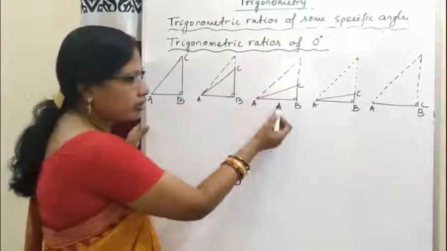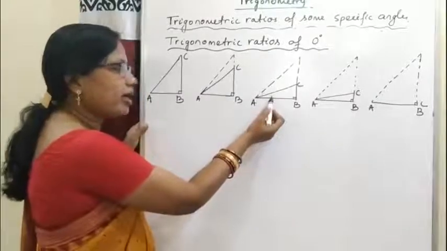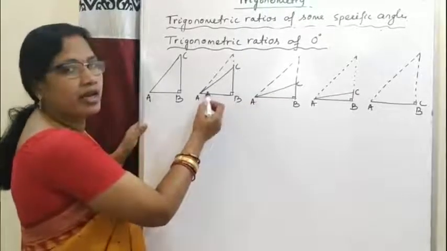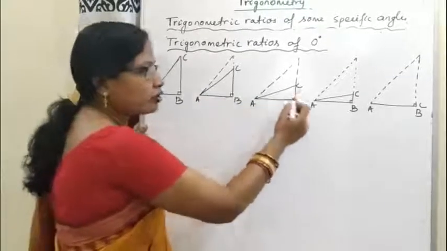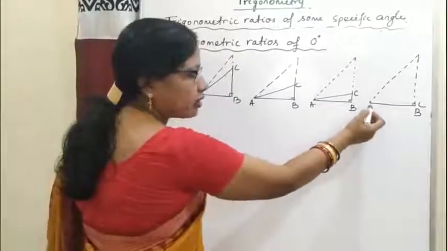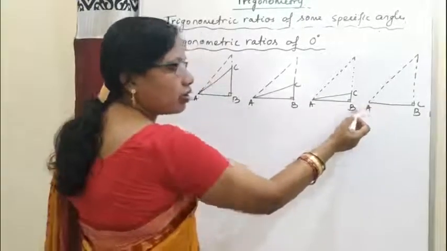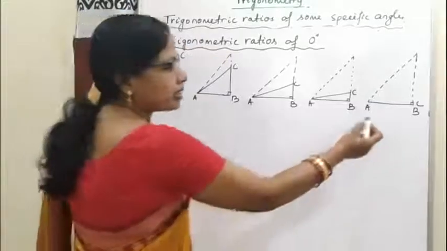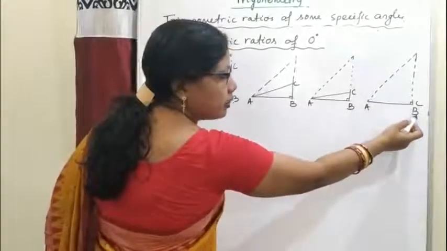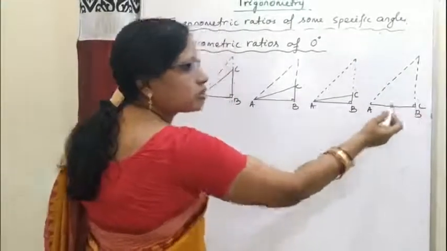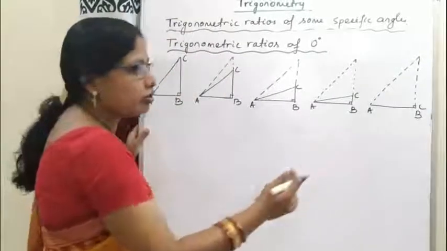In the third figure, the angle A is smaller than that of the second figure, and the process continues. When the angle A becomes 0 or nearly equal to 0, then C coincides with B and BC becomes 0 or nearly equal to 0.